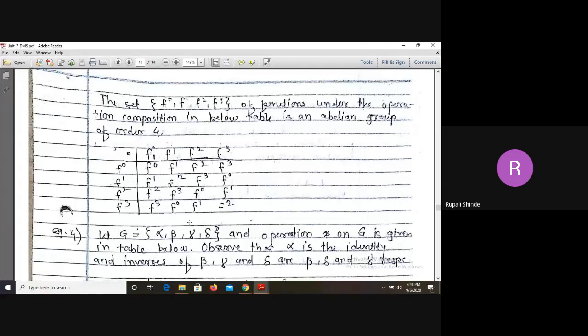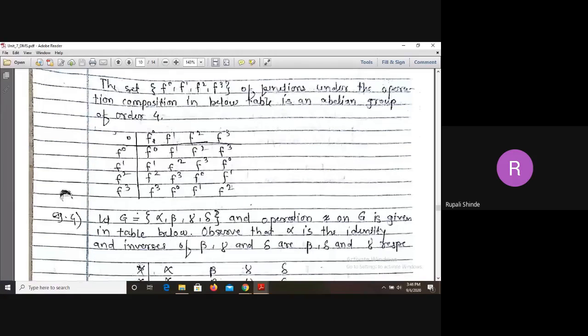So likewise we can form a composition table. Have you understood this problem? I think we have seen this kind of problems in the function chapter. Yes, ma'am. Okay.